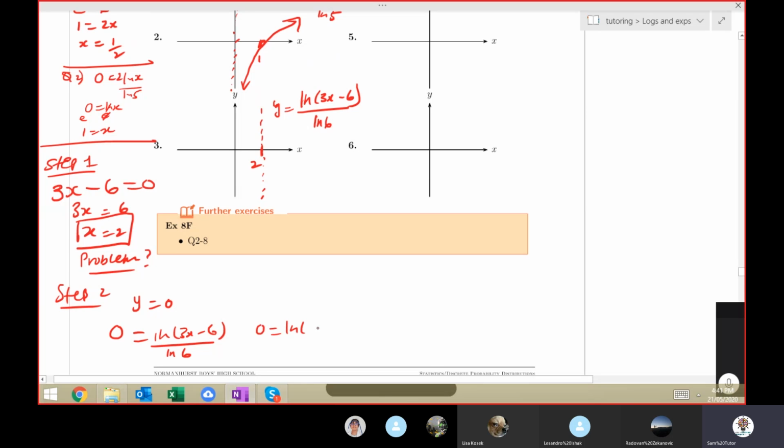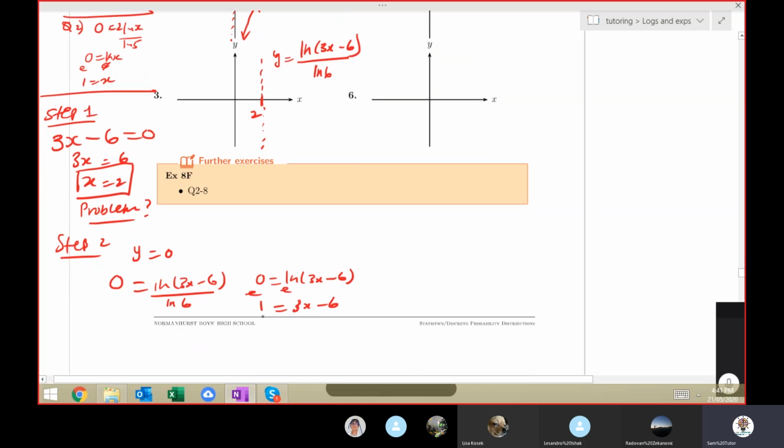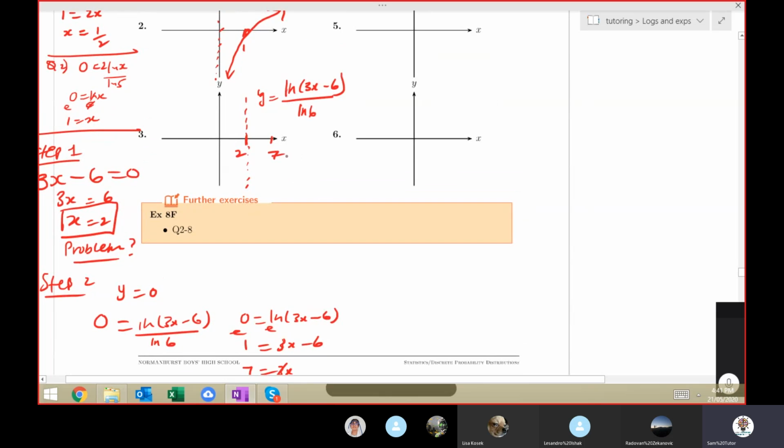You exponential. E of 0 is 1. 3x take away 6, and I think you guys know what to do from there. Plus the 6 and divide by 3. So your intercept is at 7/3, or what's that? 2 1/3. And then there's your log graph.